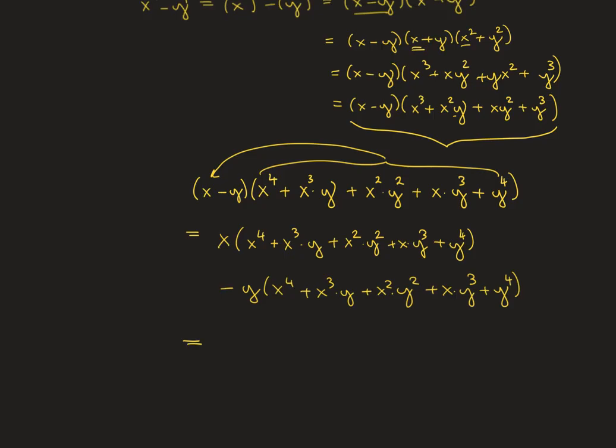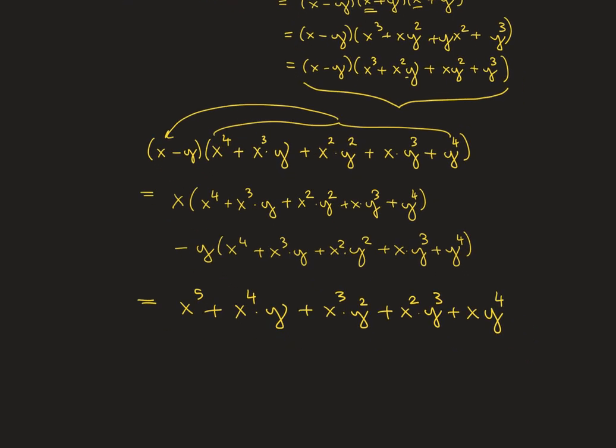I think distributing this x through all these terms on the top here, what I'll get is an x to the fifth plus x to the fourth times y plus x to the third times y squared plus x squared times y cubed plus x times y to the fourth. All right.